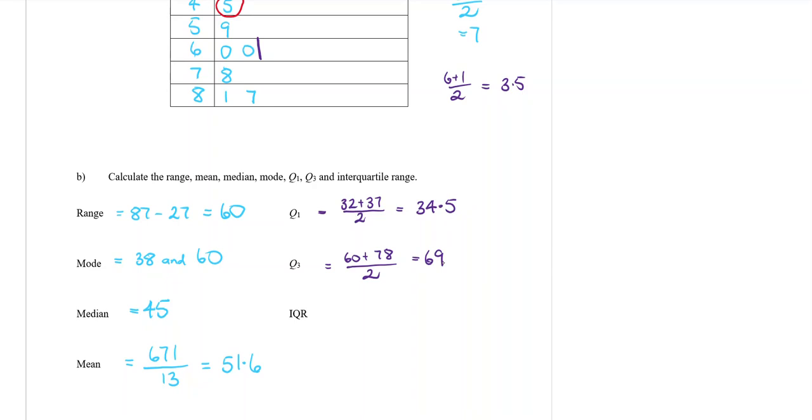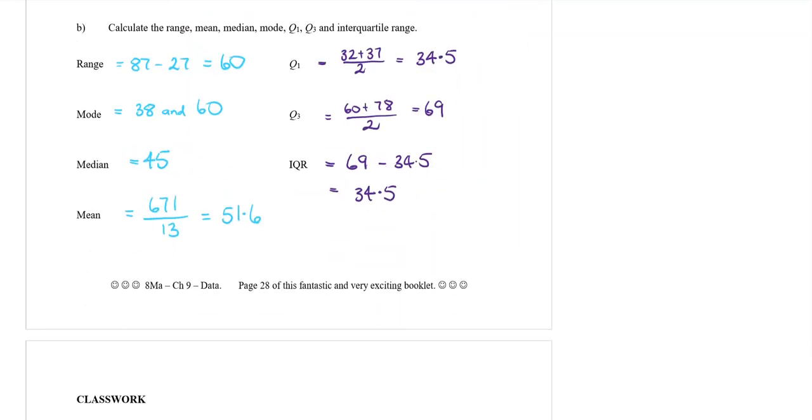The interquartile range is subtracting the Q3 minus the Q1. 69 minus 34.5 is 34.5. That was a coincidence. Okay, your turn.